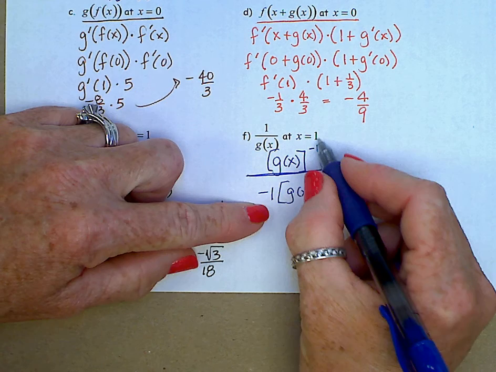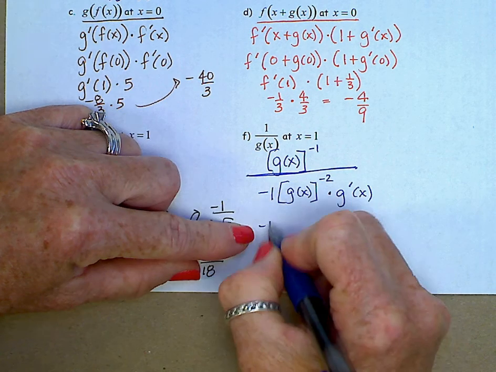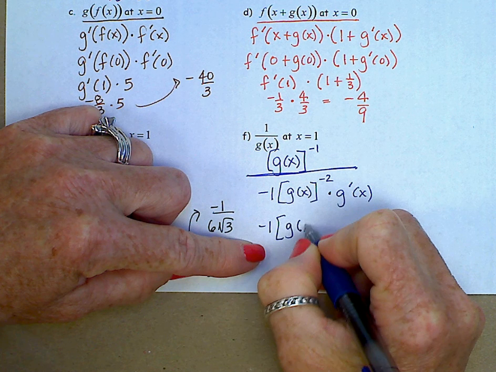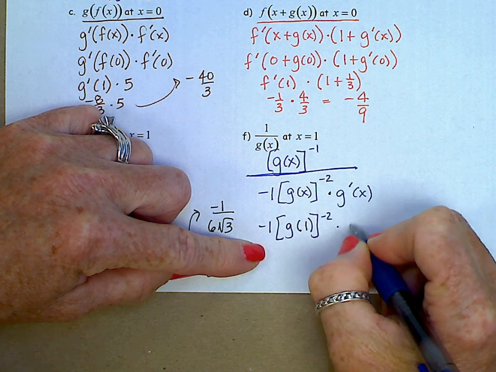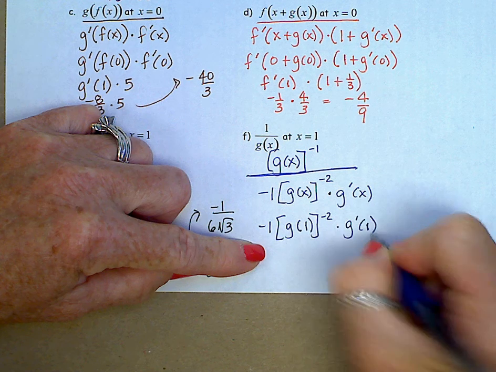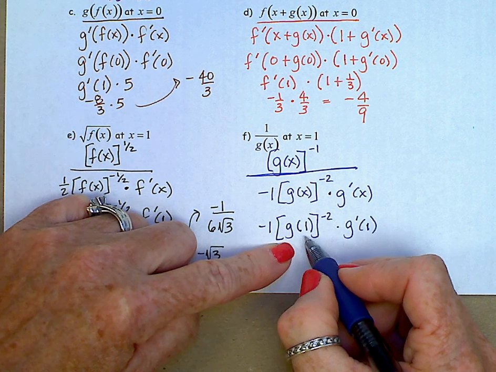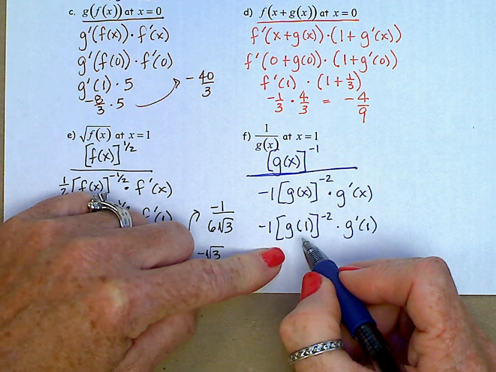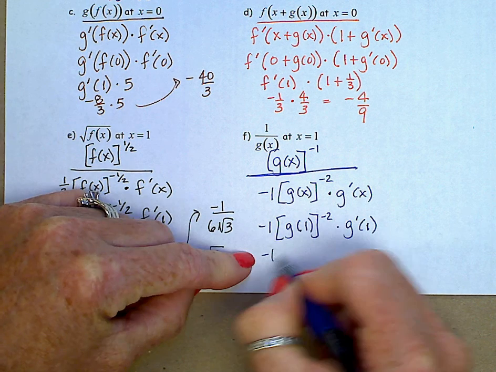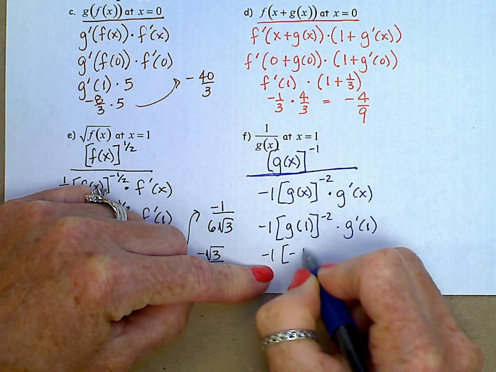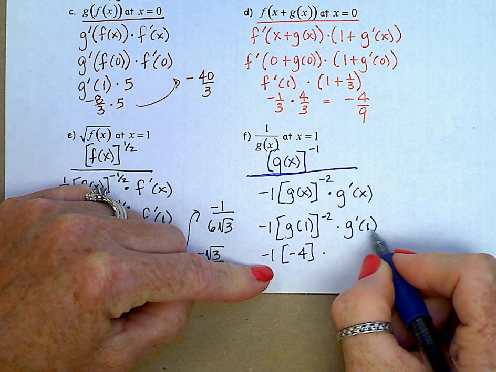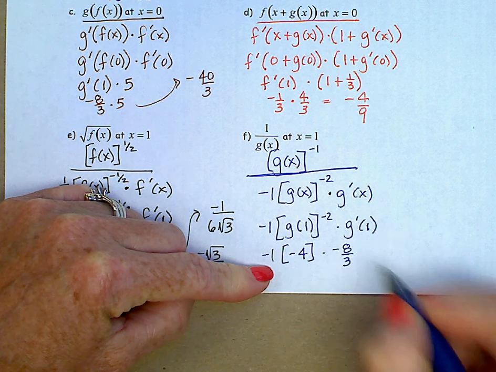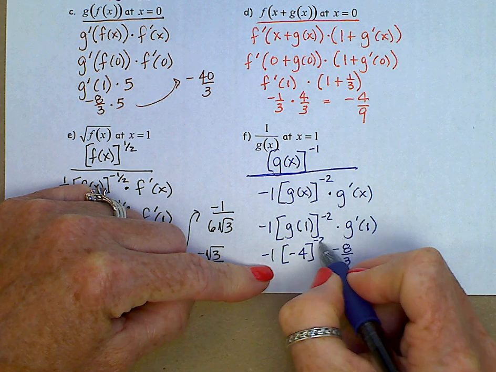Let's evaluate it at 1. G of 1 is negative 4. G prime of 1 is negative 8/3. Oops, lost my negative 2 exponent here.